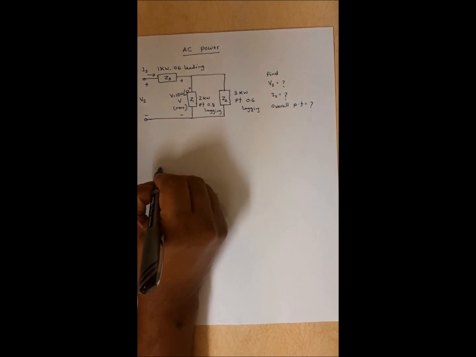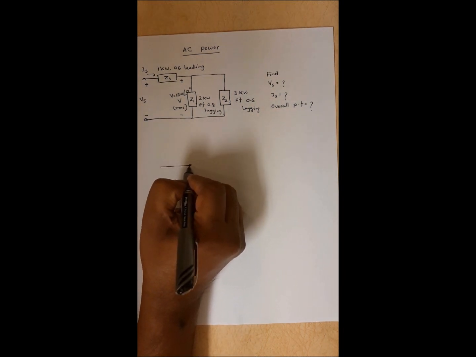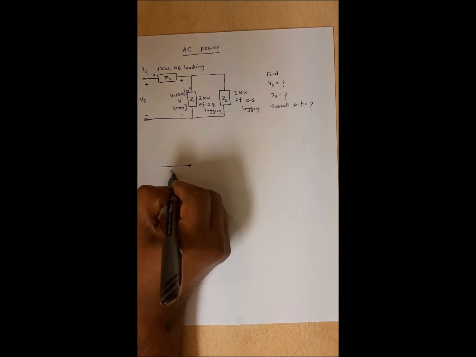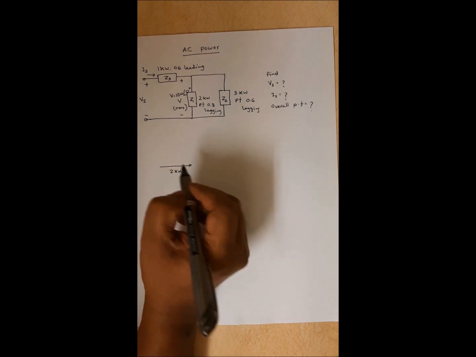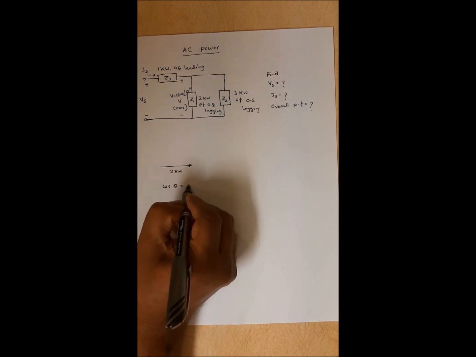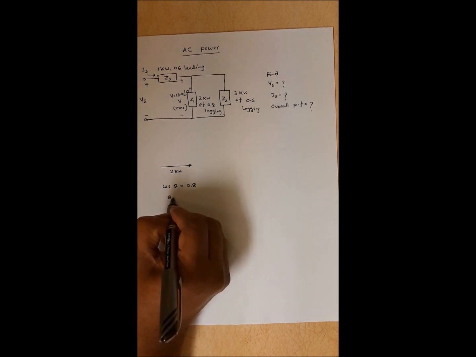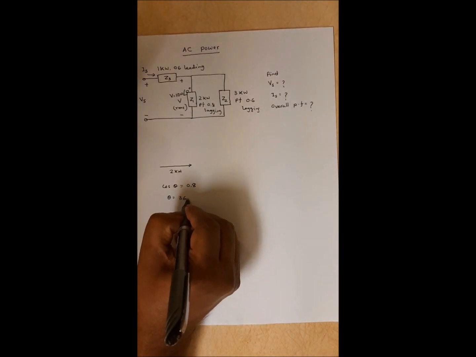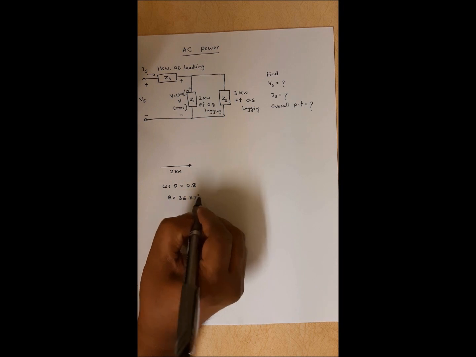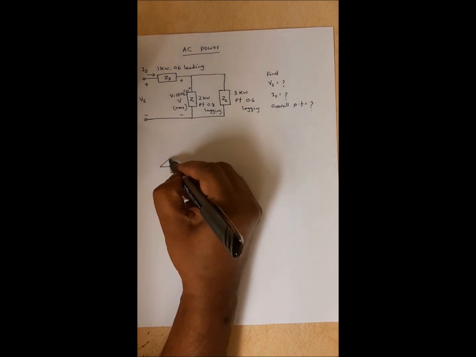If I start with the power diagram, this is 2 kilowatt and the power factor cosine theta is equal to 0.8. So you can find the angle, which is 36.86 or 87 degrees.